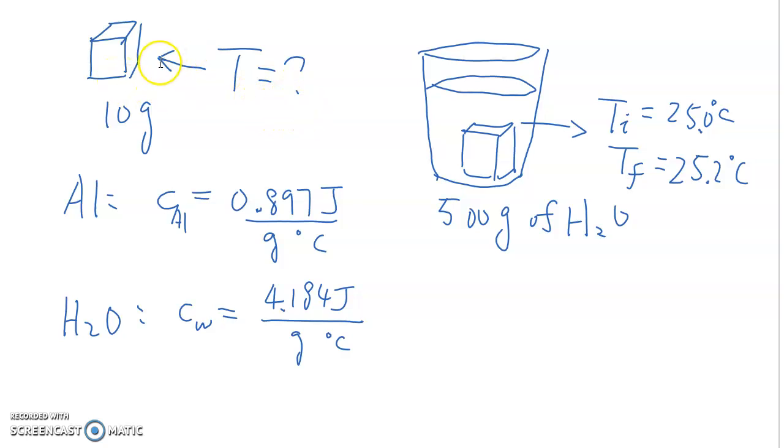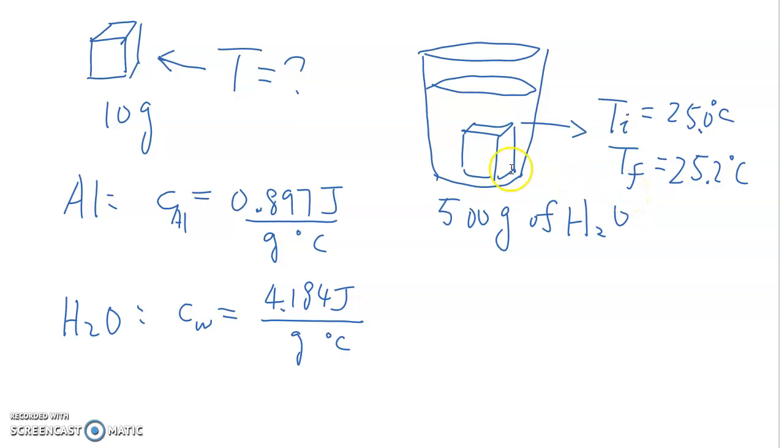Before anything, we should know that after we put in this piece of aluminum, the aluminum will release heat and its temperature will drop. What will be the temperature it dropped to? Well, the final temperature of the water is 25.2 degrees Celsius.